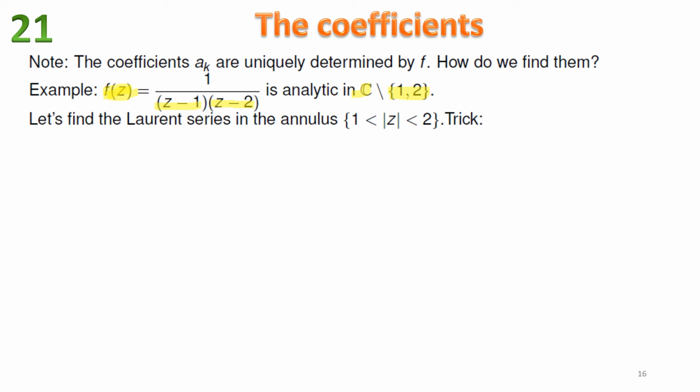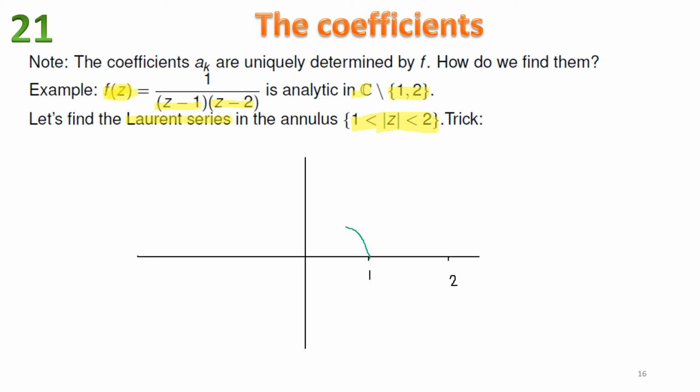Now, we are interested in finding the Laurent series in the annulus, which lies between a circle of radius 1 and a circle of radius 2. Let us suppose that this is the complex plane, and for z equal to 1 we have a circle of radius 1, which I'll draw later on, and for z equal to 2 we have a circle of radius 2.